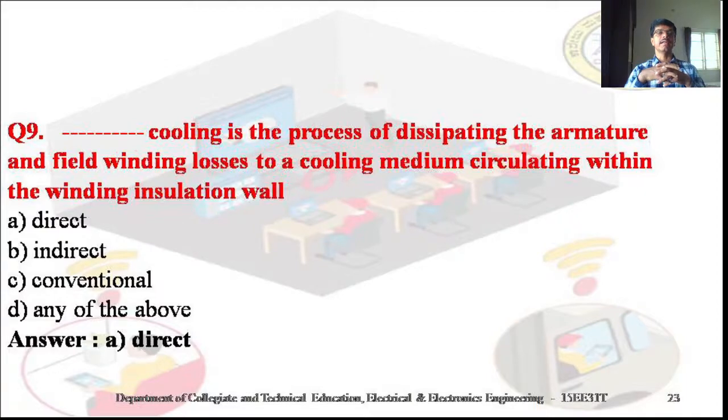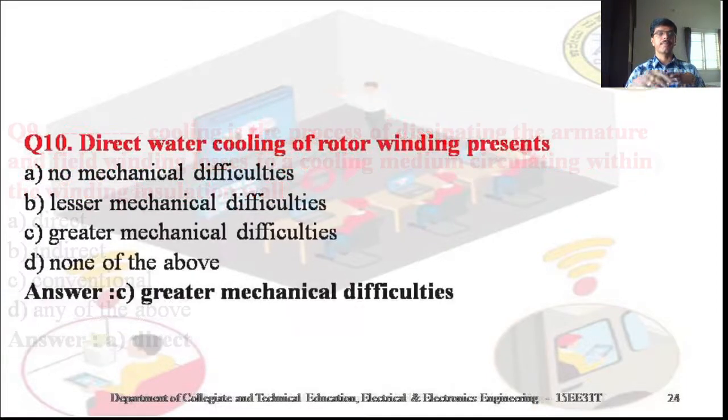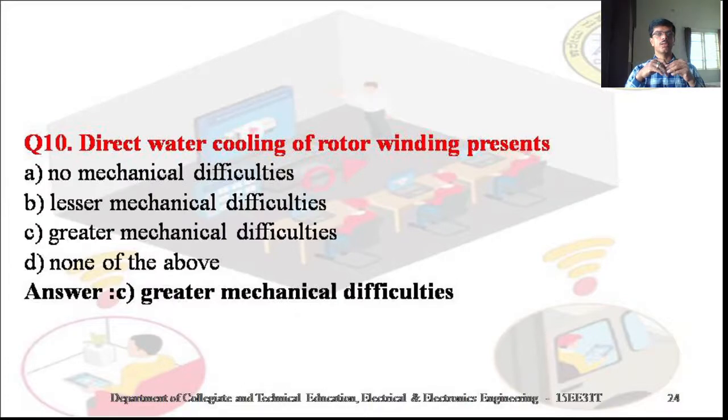So it is by the direct method. Direct water cooling of rotor winding presents: no mechanical difficulties, lesser mechanical difficulties, greater mechanical difficulties, or none of the above. So greater mechanical difficulties will be obtained.